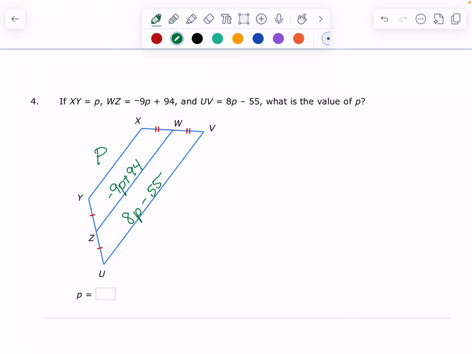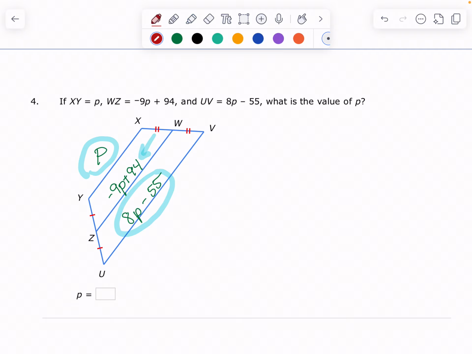What is the value of p? Okay, so we're going to find the average of those, right? Because if we took this one and added this one and divided it by 2, it would equal the middle one.